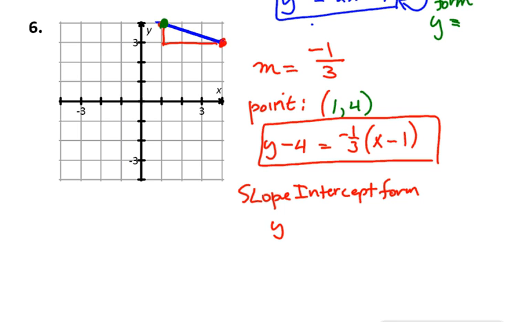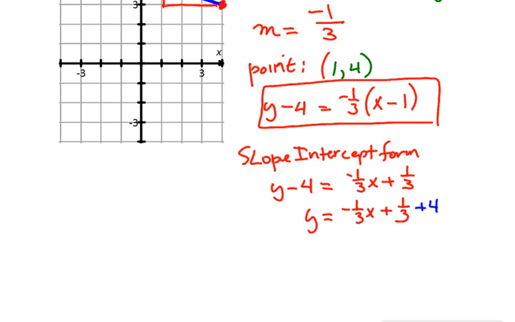So I have y minus 4 equals negative 1/3 x plus 1/3. Then I need to add the 4 to the other side. So I'm going to have y is equal to negative 1/3 x plus 1/3 and plus 4 over here.